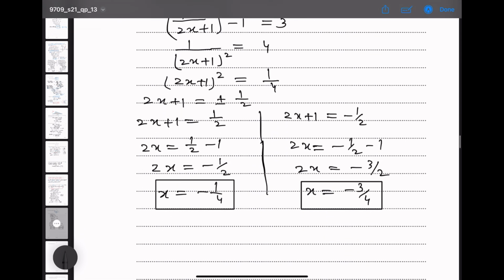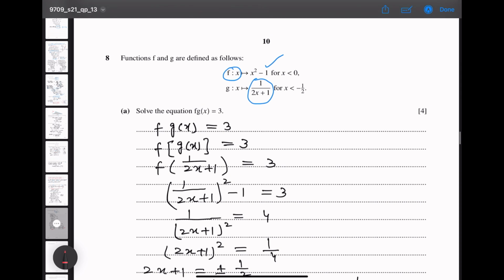This is the solution. But now we justify which value is valid and which is not. This value, x equal to negative 1 over 4, is not applicable. Only negative 3 over 4 is the solution, because the value of x depends upon the domain of the function.